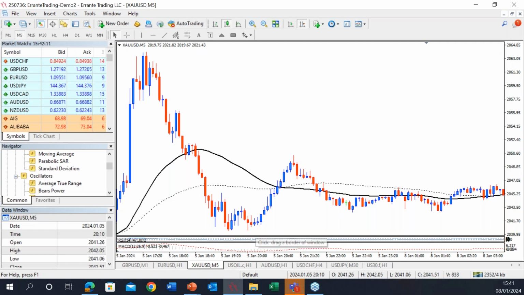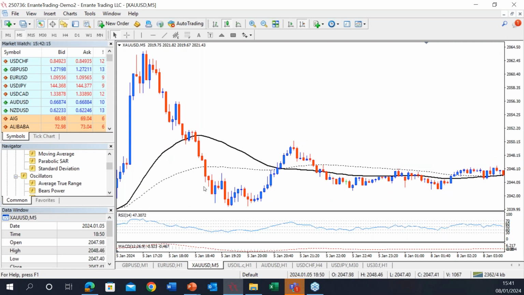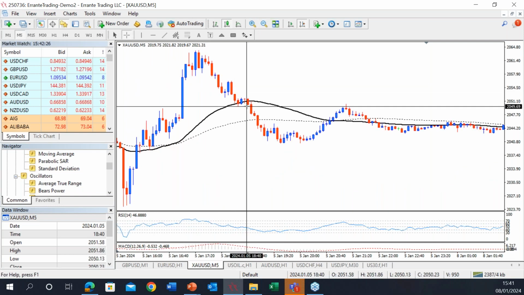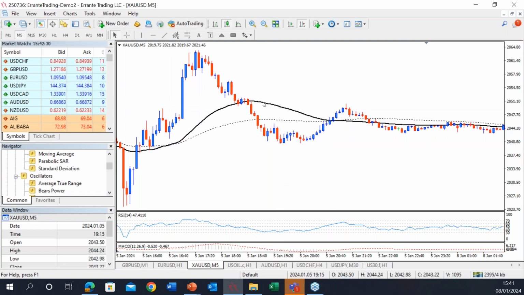a beautiful reversal here, for example, you see we have a downward movement here. The price just fell below the moving averages, both of them.